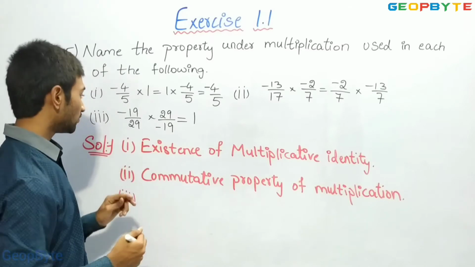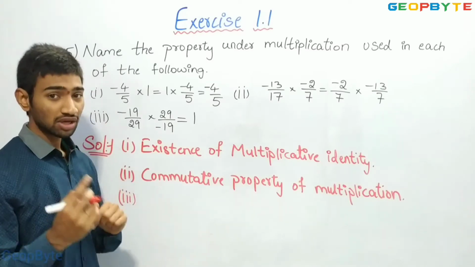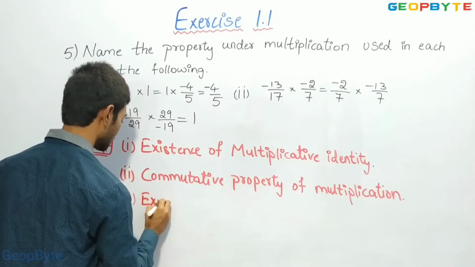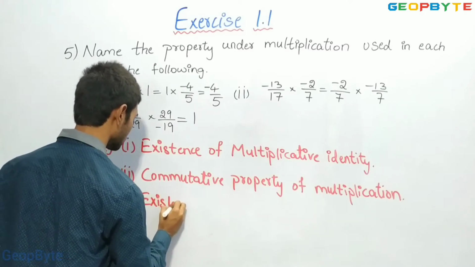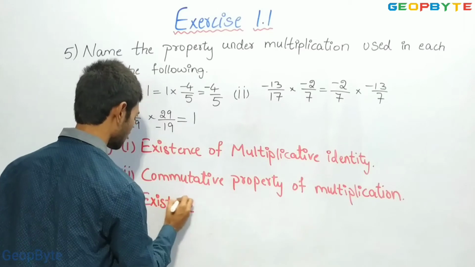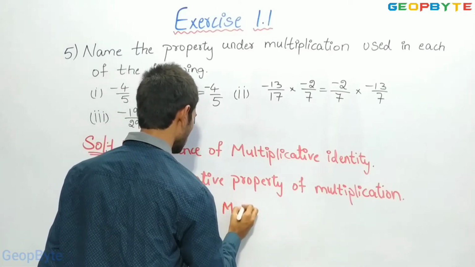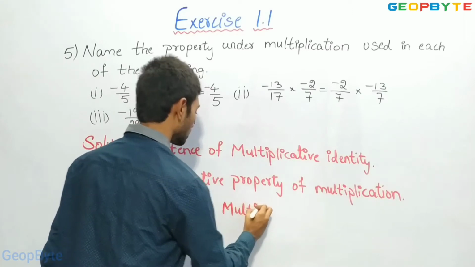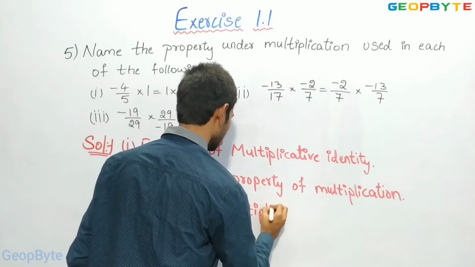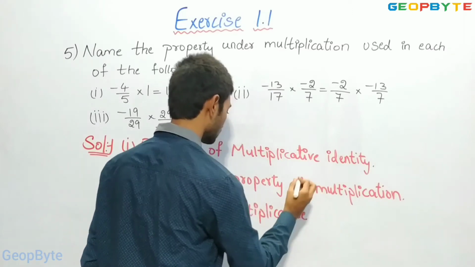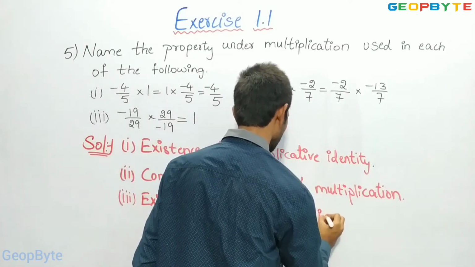So, it is in the form of multiplicative inverse. So, existence of multiplicative inverse.